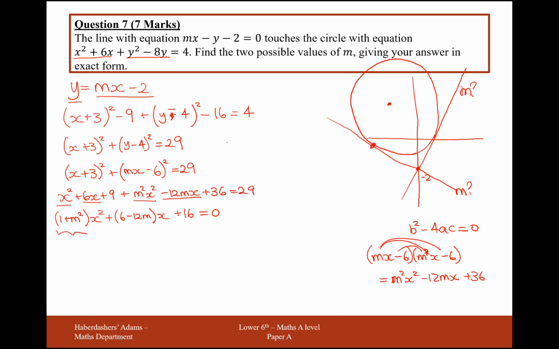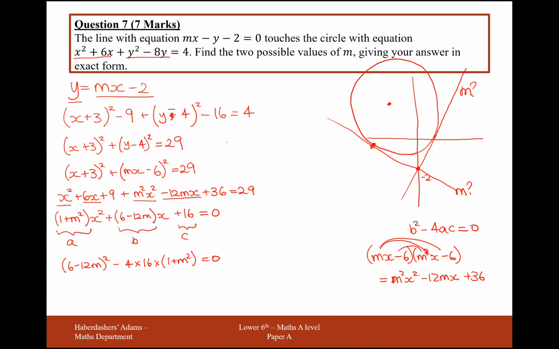Right, so now that it looks like this, this value here is going to be a, this value here is going to be b, and this value here is going to be c. Okay, so b squared minus 4ac equals 0, so (6 minus 12m) squared minus 4 lots of a times c, so I'll put the 16 first, and then (1 plus m squared) equals 0.